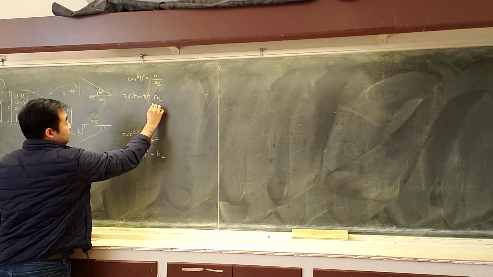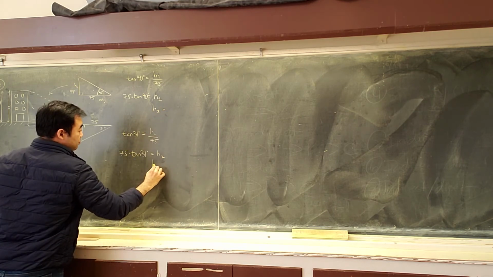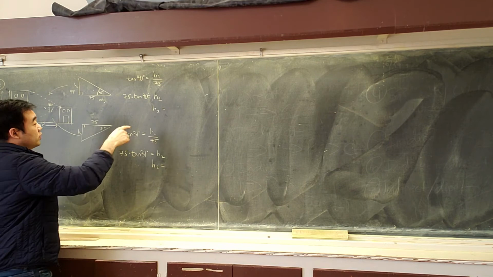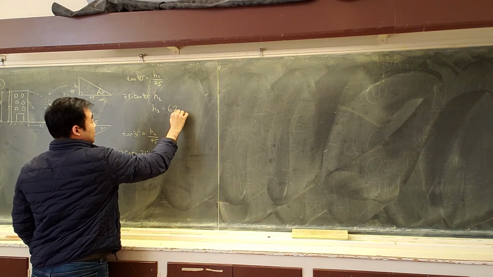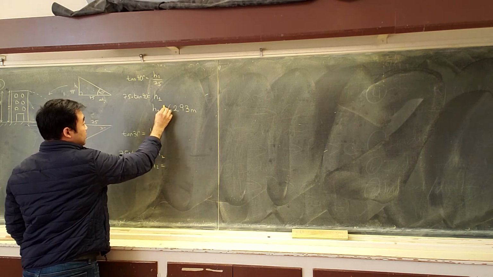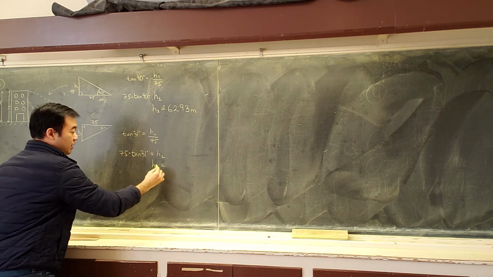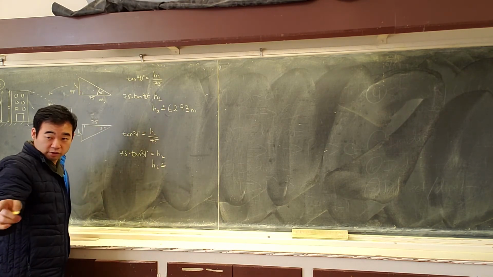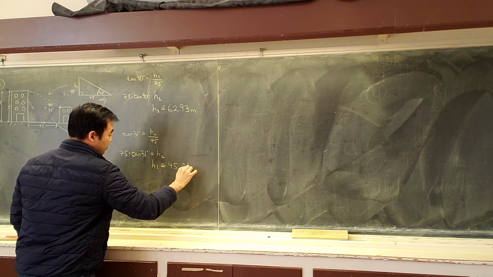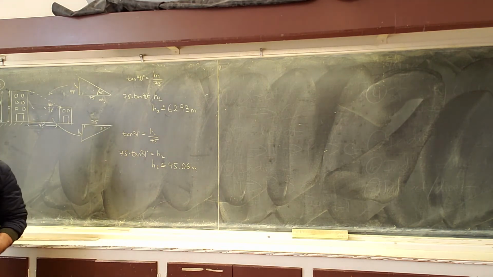So, H1 is 62.93, approximately in meters, because I'm sure we rounded. And H2, approximately? 45.06 meters.